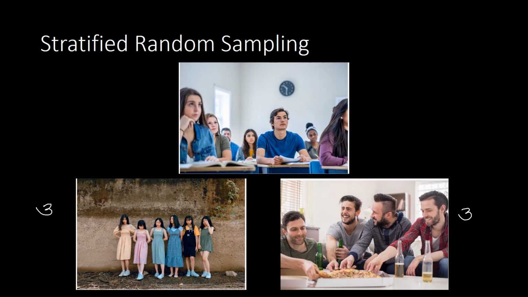Since this is random sampling, our choosing of the 3 representatives on each of the groupings will be based on simple random sampling or systematic random sampling. So you will be picking names, might be drawing by lot. You can just pick names from a container, and those three names will become your sample for the girls and for the boys. So that is how you are going to choose your sample based on stratified random sampling.